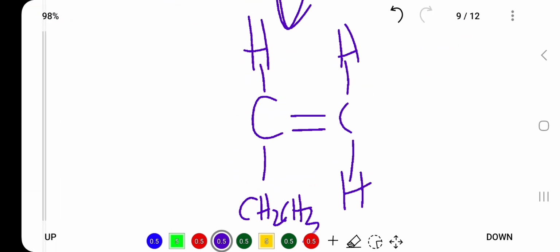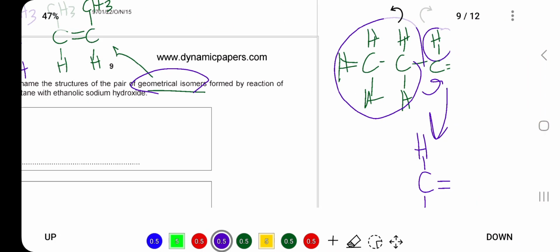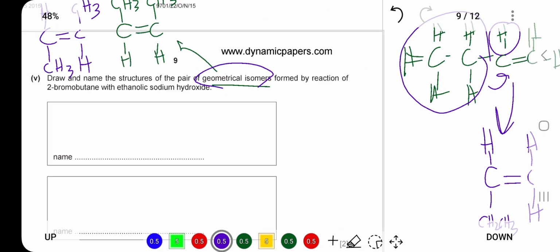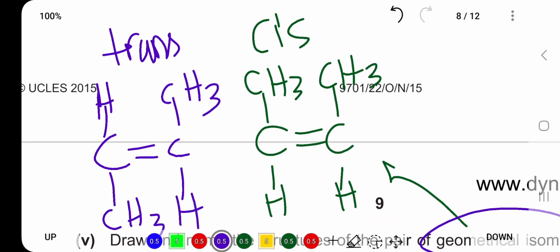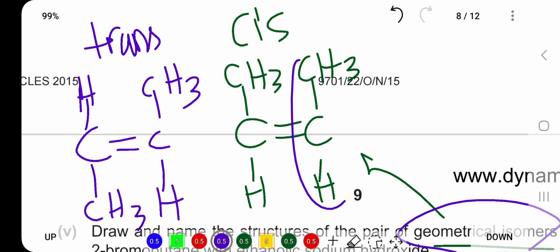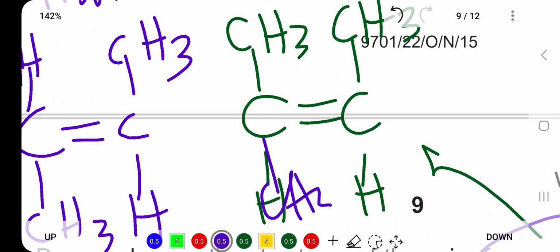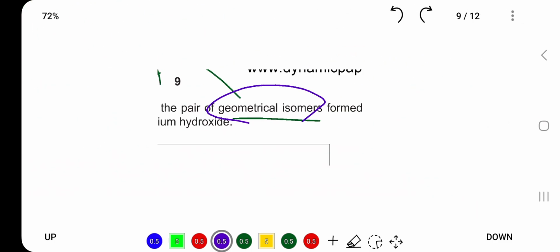Now, does this work the same as this? No, because I told you that you can't have both hydrogens on this side. If they both have hydrogen on the left or right side, or both have CH3, if both have the same exact thing, it won't work as cis and trans, so it won't be a geometrical isomer.